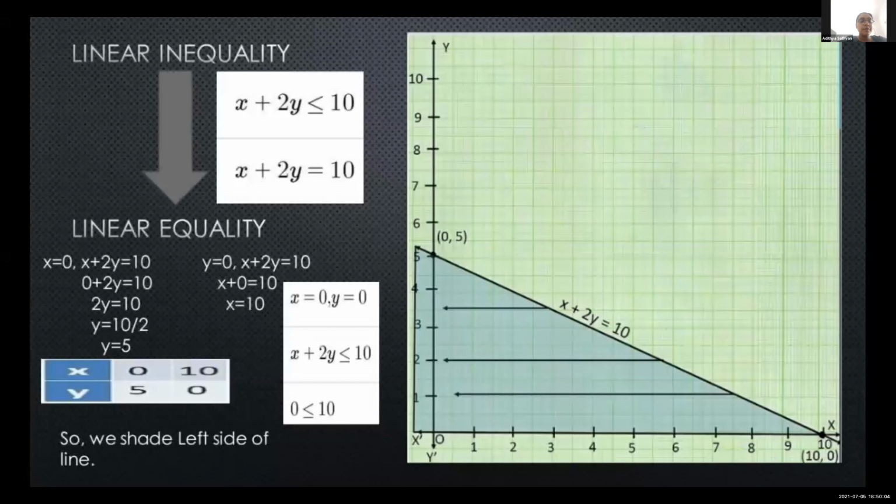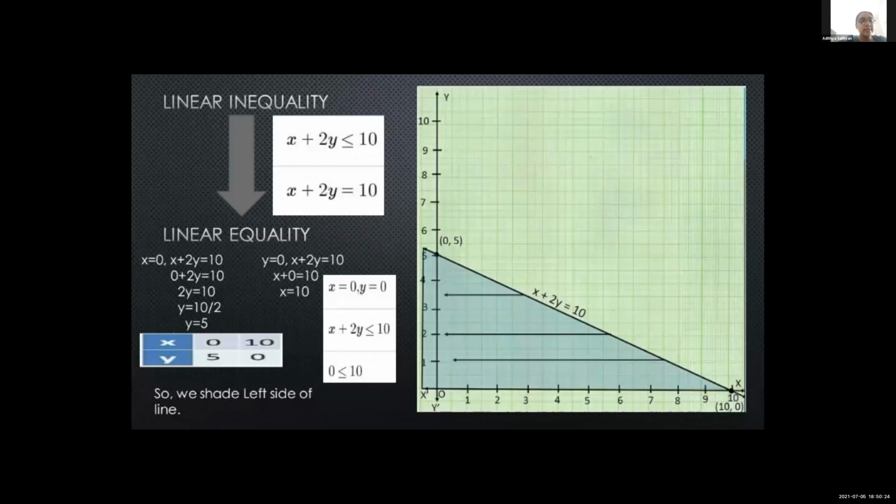So the first inequality, x plus 2y is less than or equal to 10. It's a linear inequality. We have to make it into a linear equality by changing the sign less than or equal to 10 as equal to 10. Then you have to find the values of x and y. So I give x as 0, then I got y as 5.